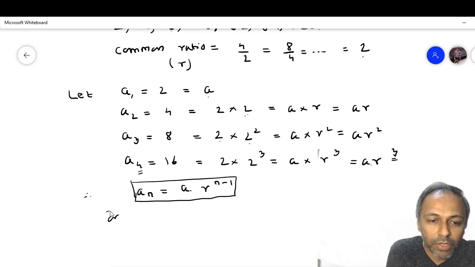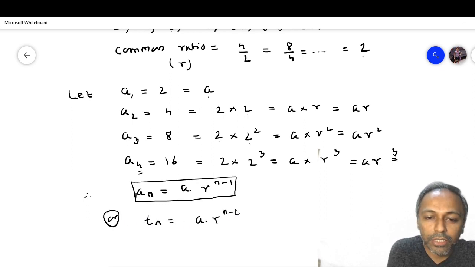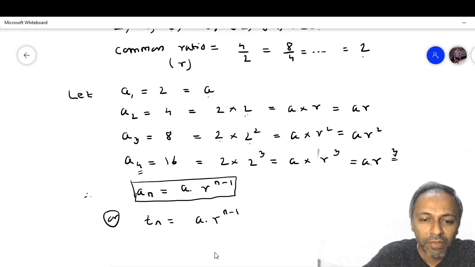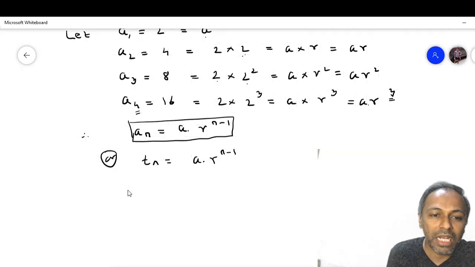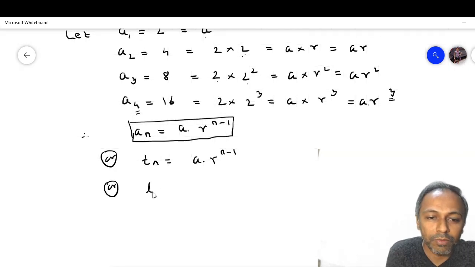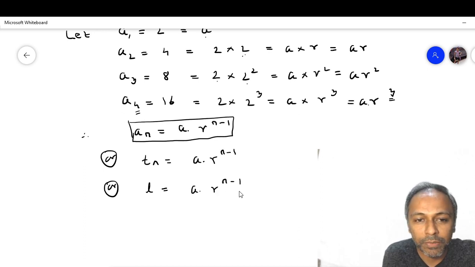This can also be written as Tn is equal to a into r raised to n minus 1. We can even learn this as the last term is equal to a into r raised to n minus 1.